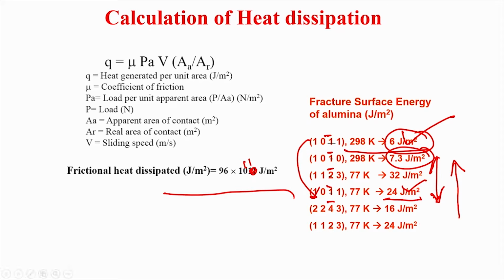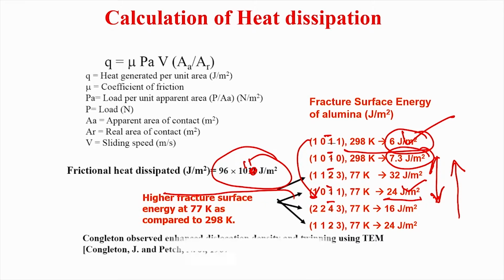Therefore, this higher fracture surface energy of alumina is theoretically predicted, but here we are seeing extremely high frictional heat dissipated energy. That is taking place in case of cryogenic sliding conditions.